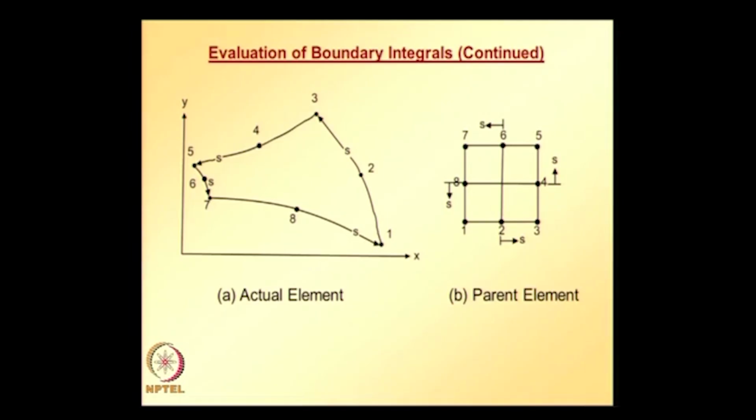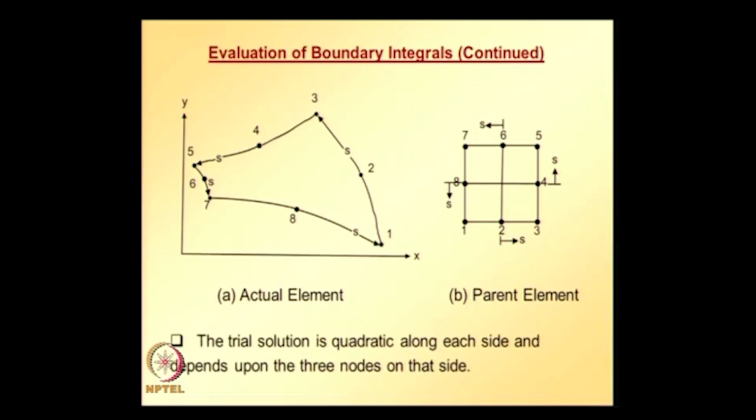And if you see there are 3 nodes along each side, so the trial solution is now going to be quadratic along each side and depends upon the 3 nodes on that side. Let us take this parent element, and for any of the edges, let us say a side containing nodes 1, 2, 3, the shape functions of the rest of the nodes other than 1, 2, 3 are going to be 0 along this side 1, 2, 3.